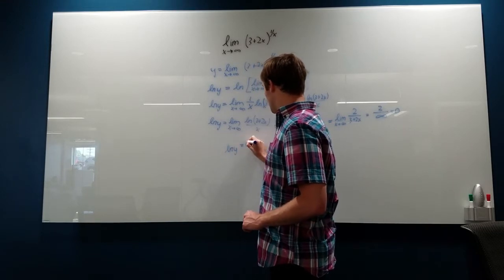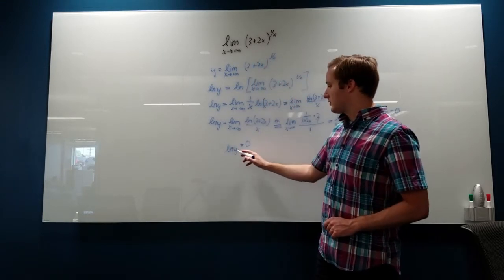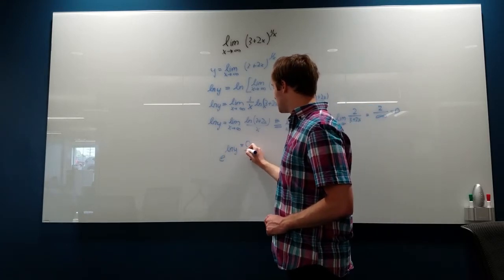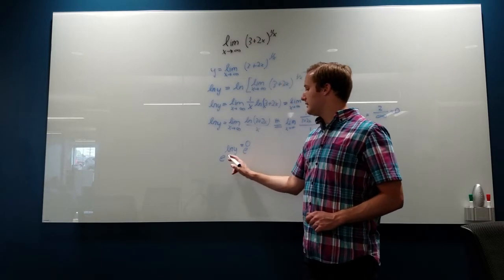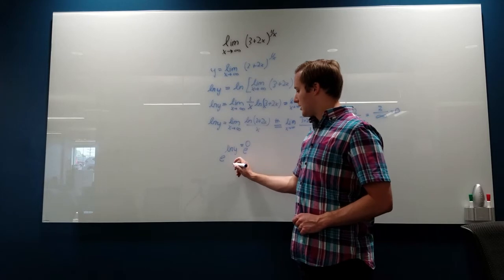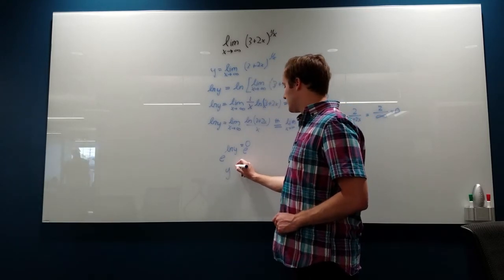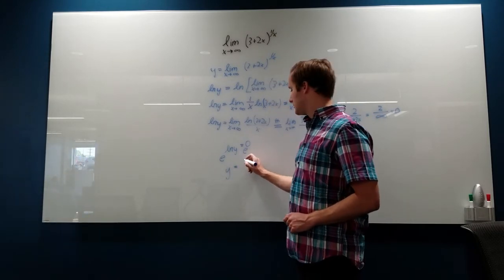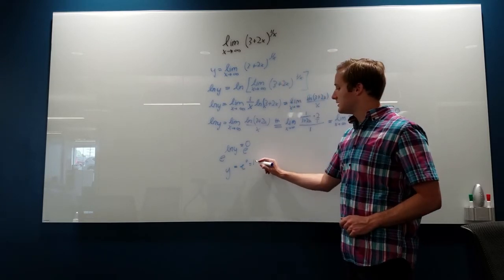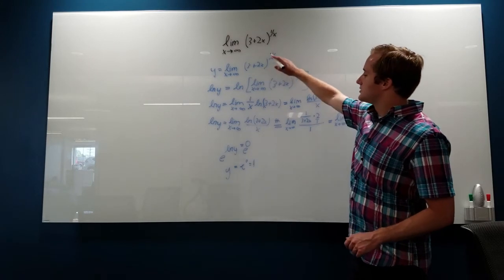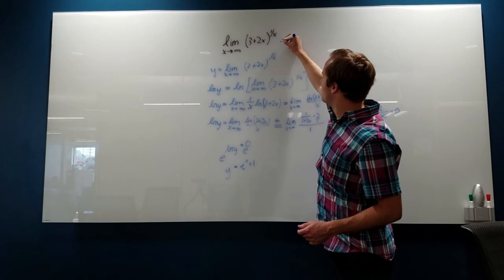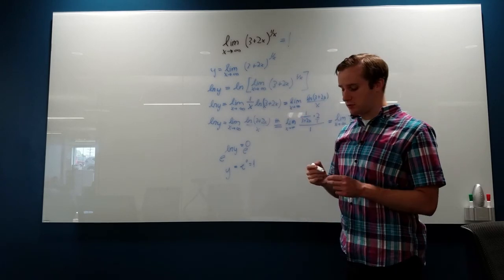In order to get rid of the natural log, we can take both sides of this equal sign and make them exponents of e. e to the natural log of y equals e to the 0. e to the natural log of y leaves y, and e to the 0 is equal to 1. So we get that y is equal to 1. And so we conclude that the limit as x approaches infinity of (3 plus 2x) to the power of 1 over x is equal to 1.